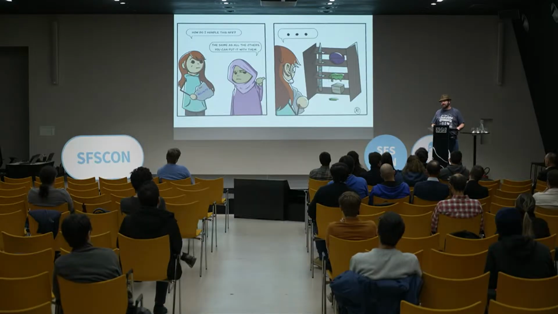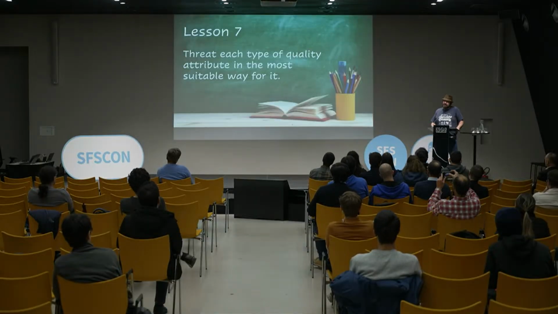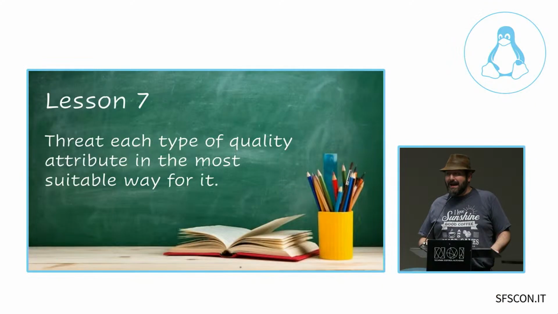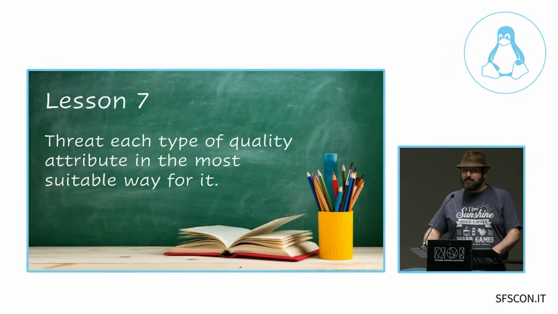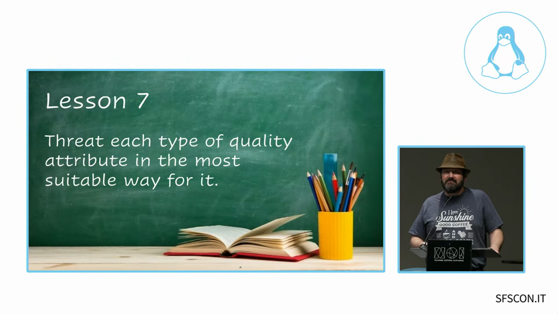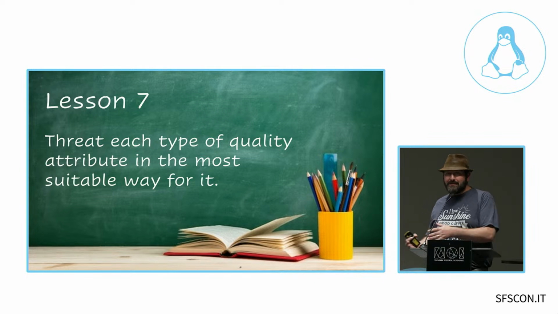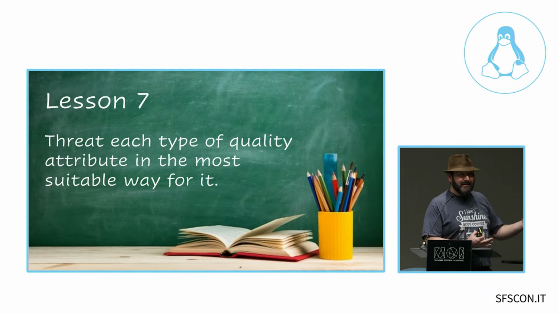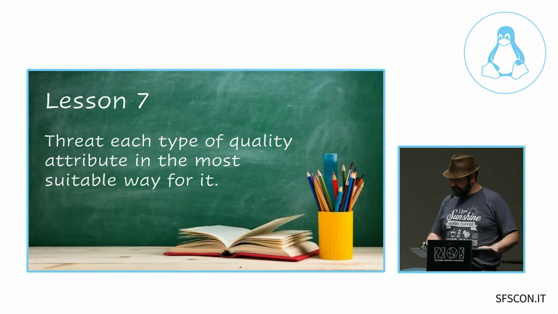And that includes how you define, how you test, how you handle, how you validate these requirements. So treat each type of these quality attributes in the most suitable way. Don't try to come up with a standard way that will not fit them all. When you try to use a way that's suitable for one on another, it will not work.